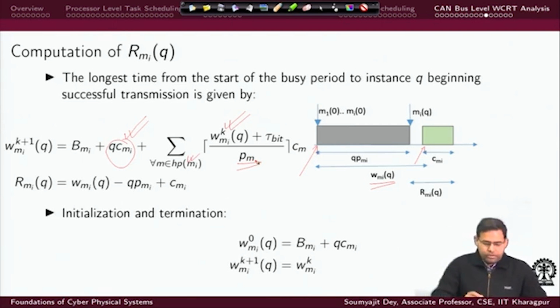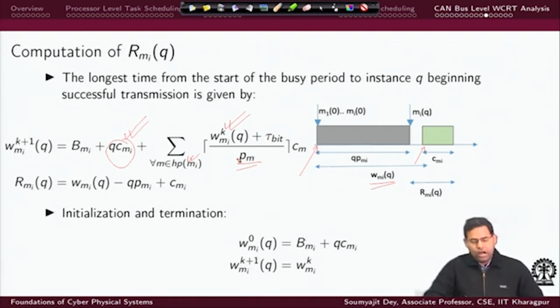So for whichever message has got the higher priority, let's say you have multiple messages which have higher priority than mi, right? So let's pick one of them, m. So you divide this previous estimate plus tau bit, this small delay, by the period of this message.